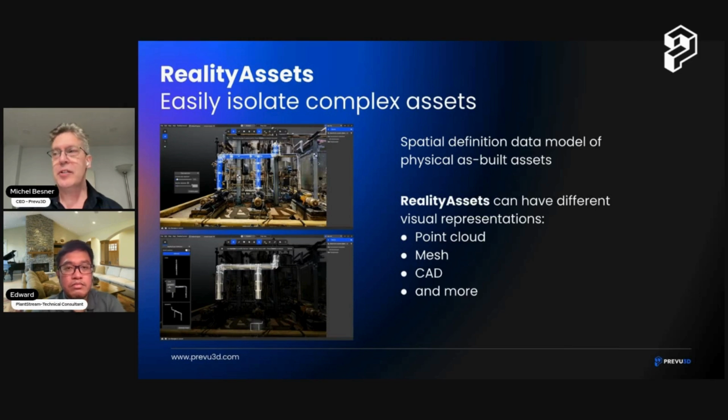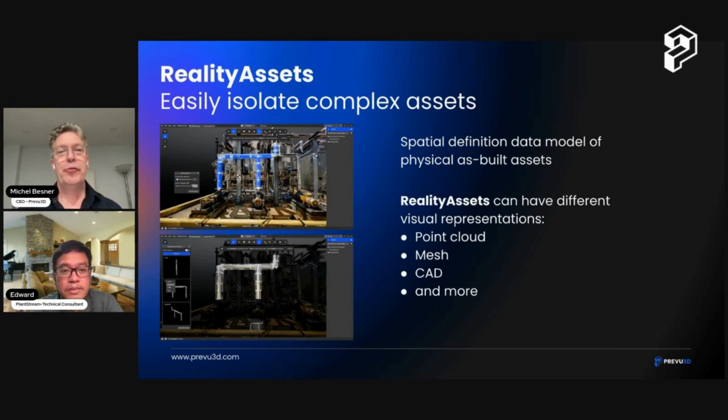When you think about machinery, pumps, valves, and so on, specifically in piping, we built tools that allow our users to easily isolate this equipment, so you can create a clickable, editable space out of the 3D scanning data. That's extremely useful for many use cases, including redesign, turnaround planning, and so on.